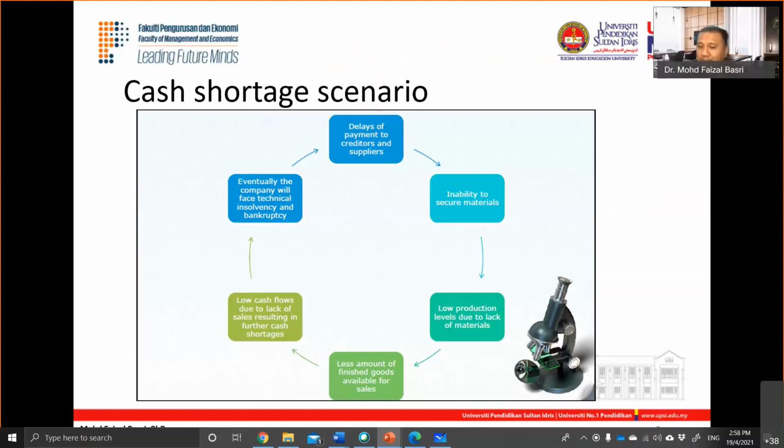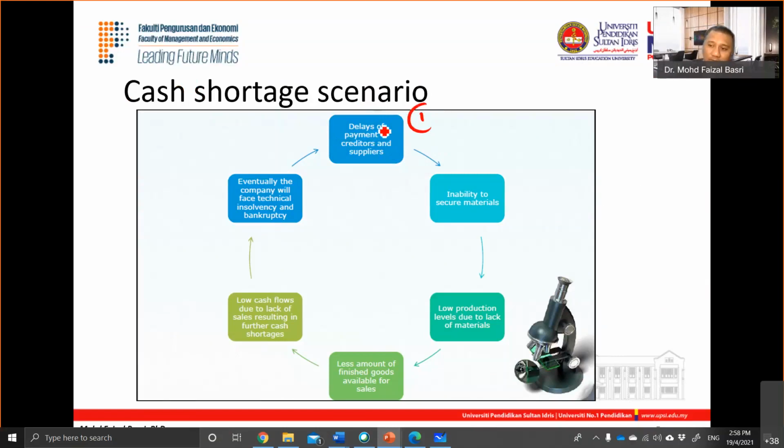Okay, so this is one example, just to give you an idea why, from a cash point of view, if we don't manage our cash properly, it will affect the business as a whole. For example, we're going to start from this part. Imagine this is our first step. The company delays the payment to the creditors.